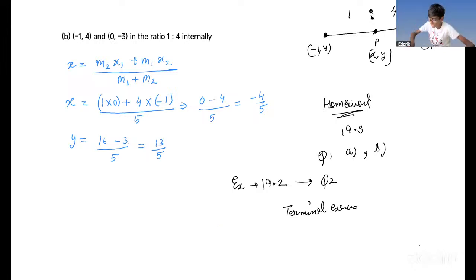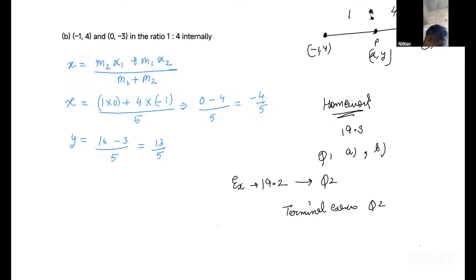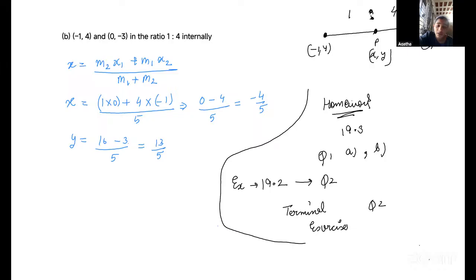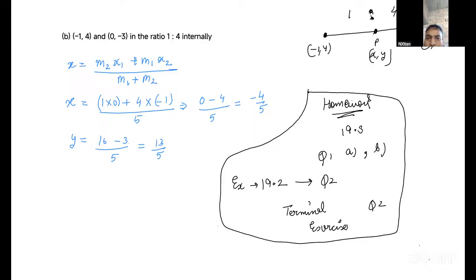How come so many questions? No, I gave only 4. Sir, in 19.2, do we also have to do the first question B? We didn't do that. No need to do the B. I gave only 4 questions.